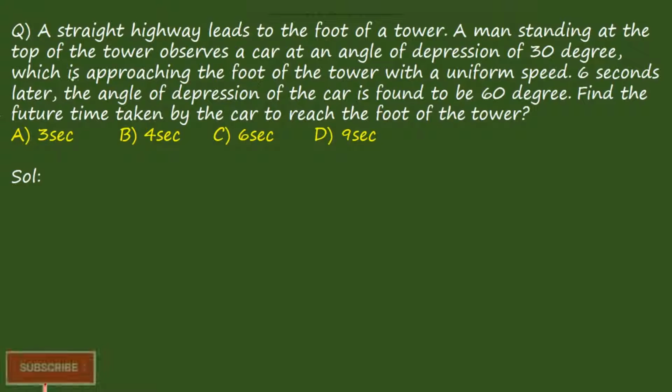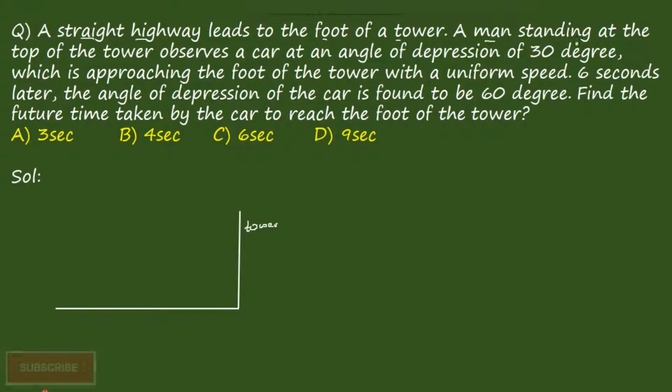First we understand the question. A straight highway leads to the foot of a tower. Consider this one as a highway, and there is a tower on the way. This is a tower.